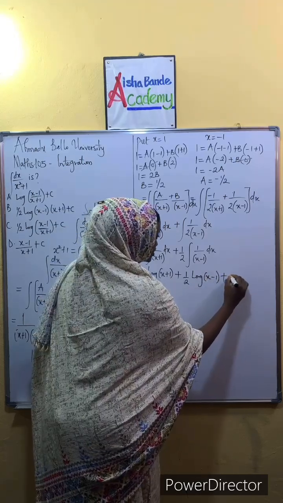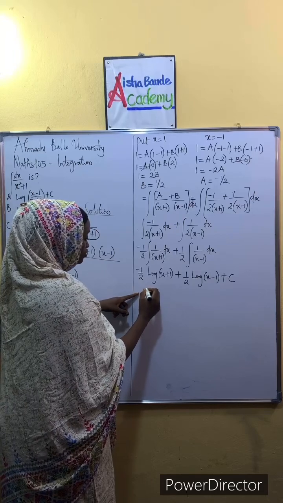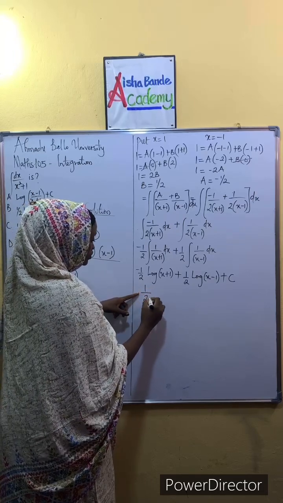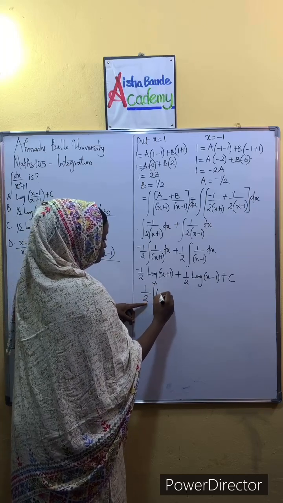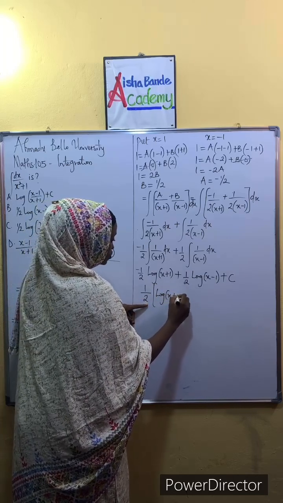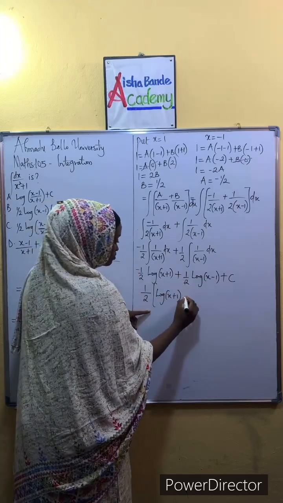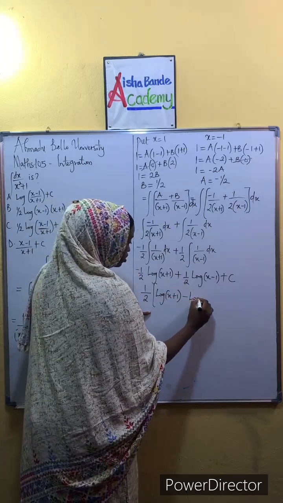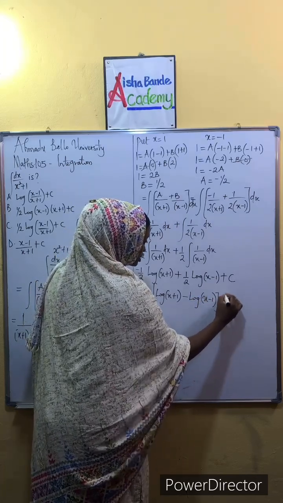So we had our constants. From here we can take the common factor, which is 1 over 2. So we take 1 over 2 open brackets. The minus affects the plus sign here, so this becomes minus log of (x plus 1) for the first term, and log of (x minus 1) for the second, plus c.